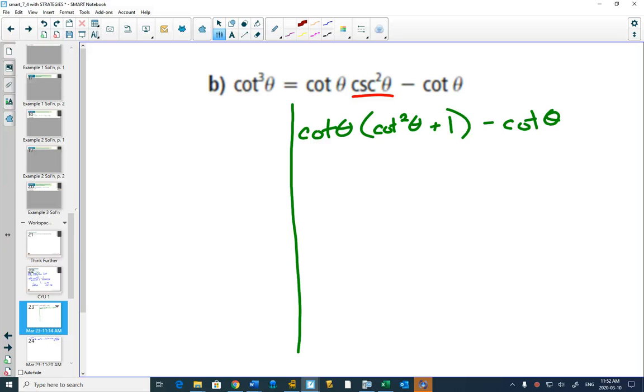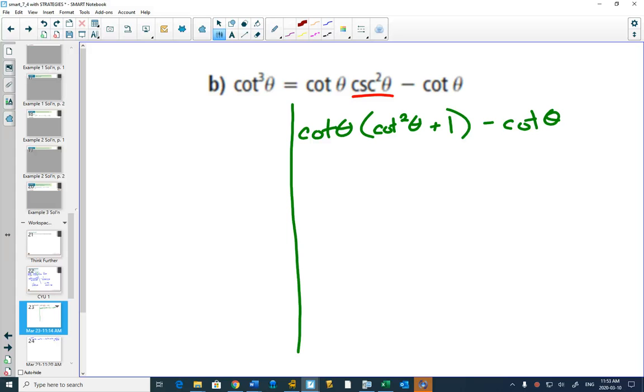Again, if you don't have it memorized, you most likely will change everything to sine and cos and use strategy 1, and this proof is much, much, much longer if you change everything to sine and cos and try to get a single fraction. It's possible, but you would still have to use sine squared plus cos squared equals 1 later in the proof. And that might be hard to see.